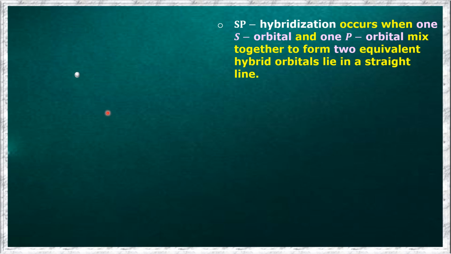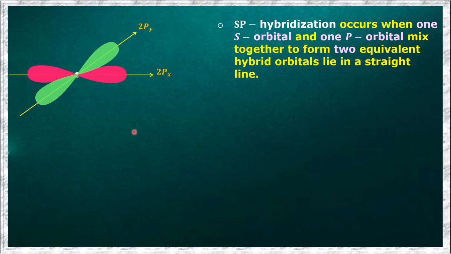See here, this is the nucleus of carbon atom, and around this nucleus I am going to show you only the outermost orbitals of carbon atom. So this is one of the p orbitals, say 2px. Here is another p orbital, say 2py, and the third p orbital 2pz, and this one is the 2s orbital.